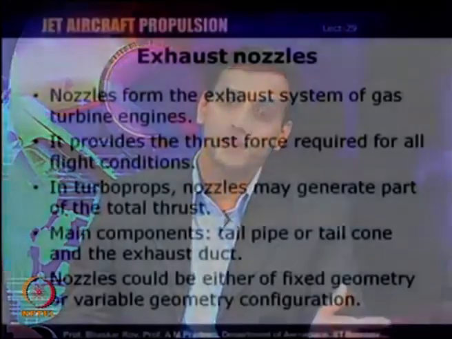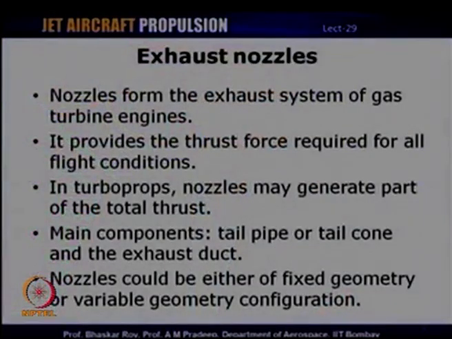So, in a nozzle, the basic function being exhaust. If you look at the thermodynamic cycle, nozzles form one part of the exhaust system, and so the nozzle is probably the more important component of the exhaust system.